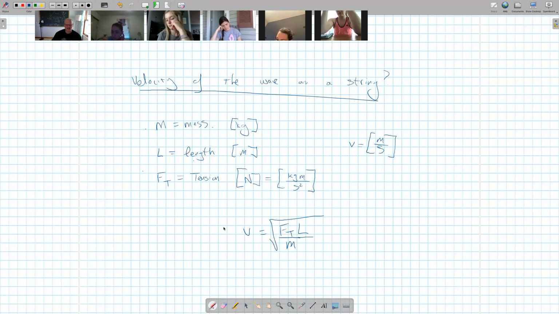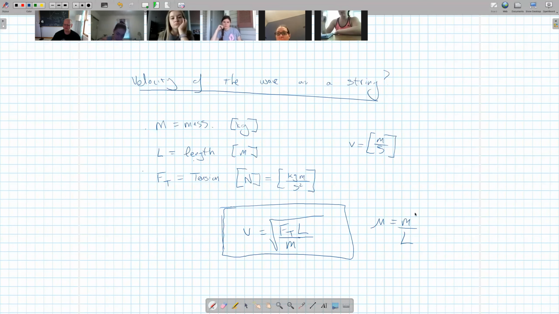So this says that the velocity of a wave moving on a string is given as the square root of the tension, which is the tension the string is under, times the length of the string divided by the mass. So this is the velocity of the wave on a string. Now, typically we rewrite the mass divided by the length as mu, where mu is what's known as the linear mass density.